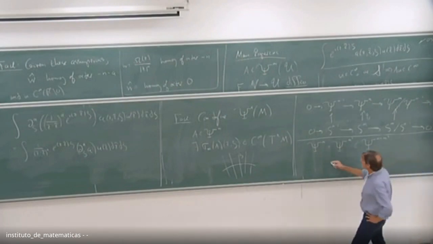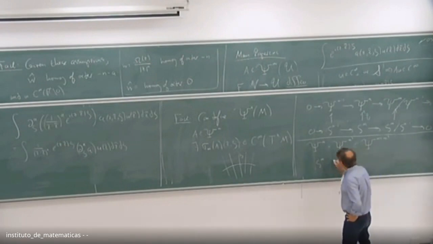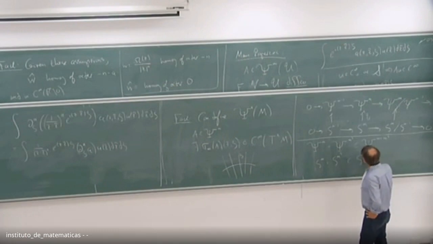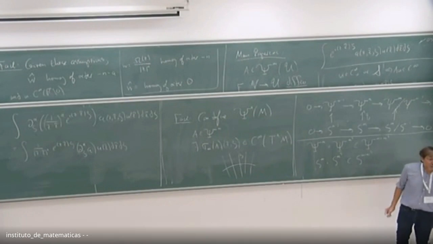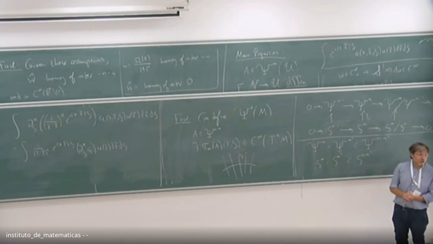This corresponds on the symbol level to something that's much more obvious. If I take a symbol of order m times a symbol of order m prime, that's a symbol of order m plus m prime. And this explains the word symbol. I take these very non-commutative objects, these very big infinite dimensional operators, and I replace them by symbols, which are much simpler abelian objects.